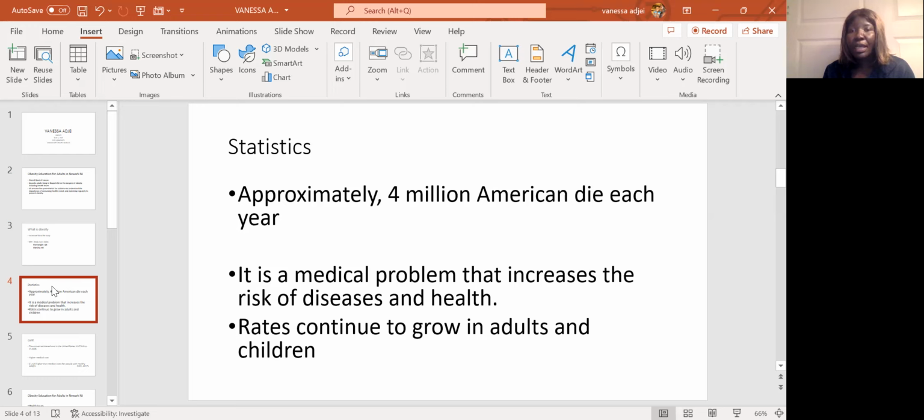And the pandemic has also contributed to this fact, because during the pandemic, most people that I've talked to, most people that I've come in contact with, always share with me how much weight they've gained. It was easier for them to just go into the fridge, grab something, go sit down and eat, because most people were quarantined and working from home.